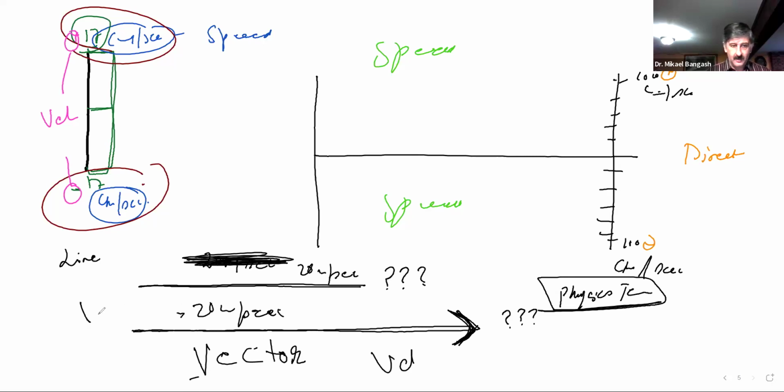This 20 meters per second now becomes a velocity, right? So we can say velocity is how fast an object is moving along a vector.